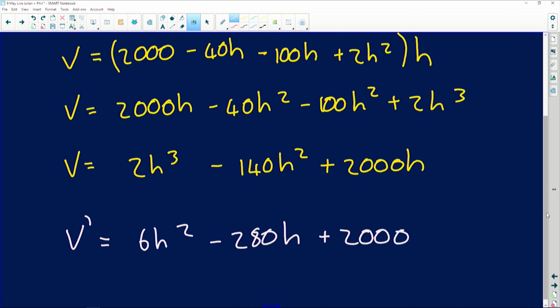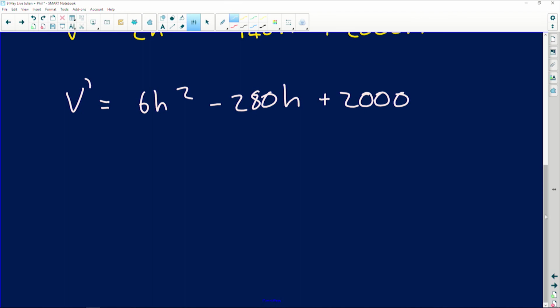That's what we have over here. Now, when it comes to solving this, we can either use the quadratic formula, or, if the factors are nice and we can find them, we can use those factors to solve for h in our first derivative.